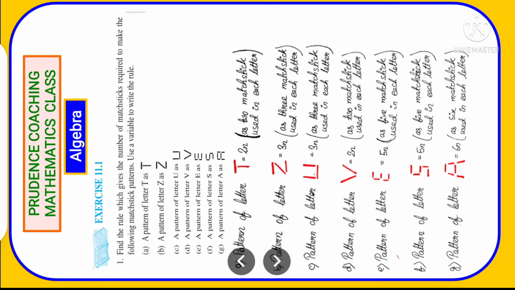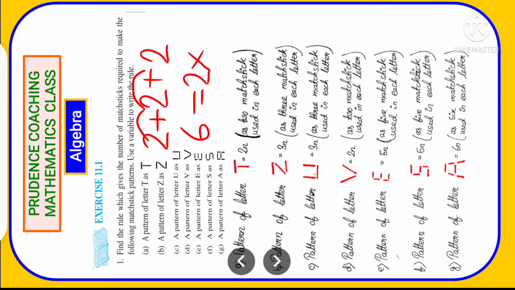So let us see how we are going to solve this particular sum. My dear students, I will ask you a question before starting this solution because this is going to help you. If we add 2 three times, what will we get? We will get 2 plus 2 plus 2, that is 6. And some students will say we are adding 2 thrice, so 2 into 3 we will get 6.